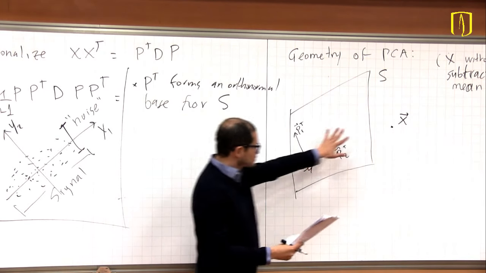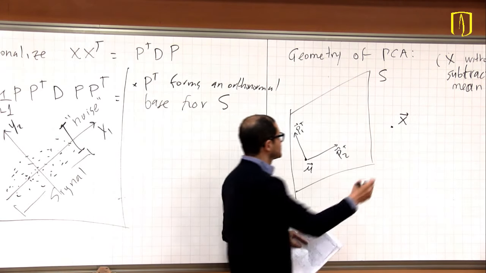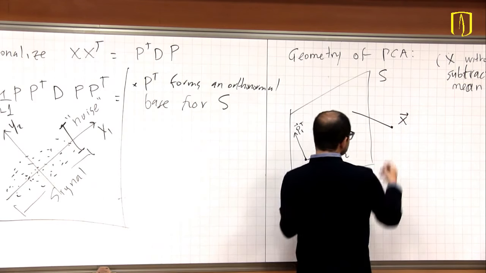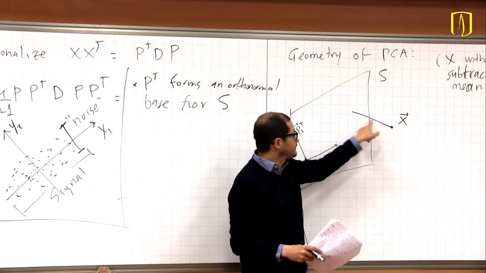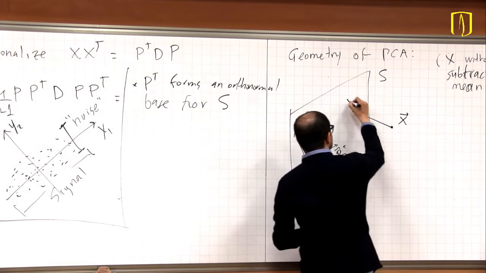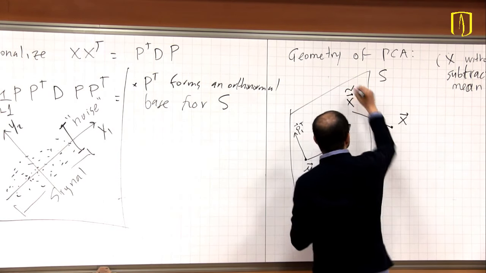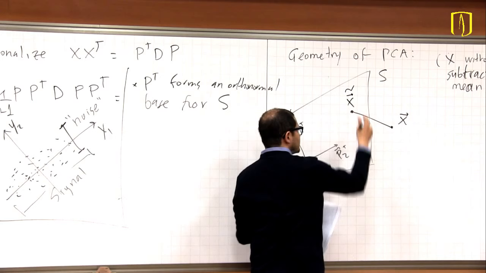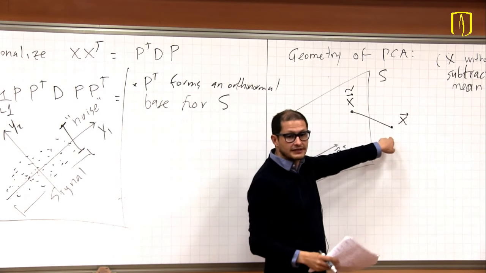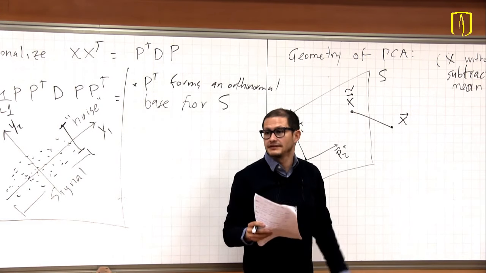The projection of x onto this subspace is the closest vector to x in the subspace. I'm going to call it x tilde. That's the projection on the plane.